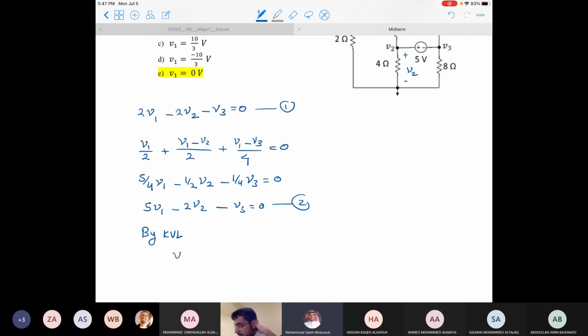It's going to be minus V2 plus 5 plus V3 equals to 0, or V2 minus V3 equals to 5.